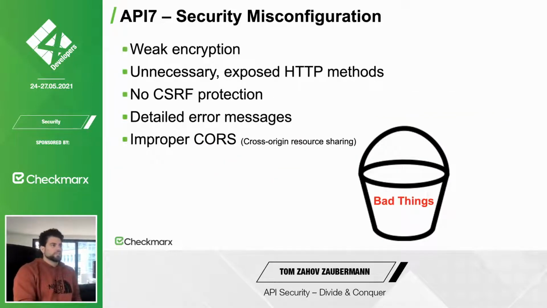Security misconfiguration, something that we also see a lot. It's like weak encryption, unnecessarily exposed HTTP methods, like PUT or DELETE or whatever. If you don't use it, make sure that it's not even accepted by the server. No CSRF protection, that's fine. We see it less today with APIs, but still. Detailed error messages. When you send back an error message, if it's written in JSON, that's fine, but don't give too much information when you send the error.